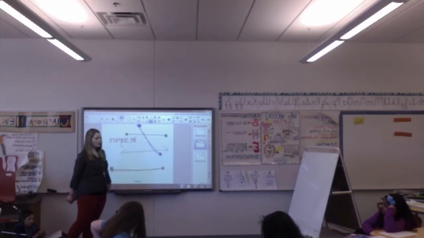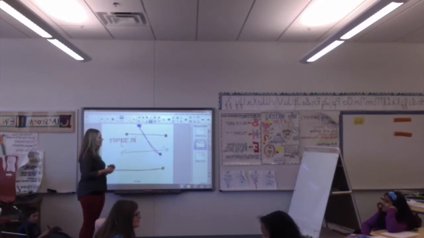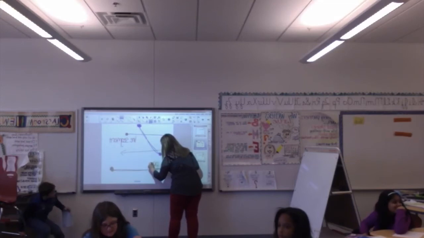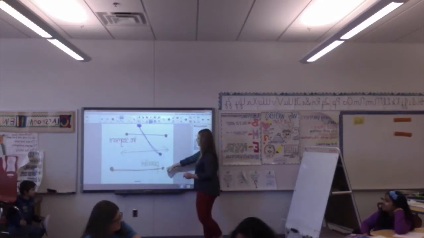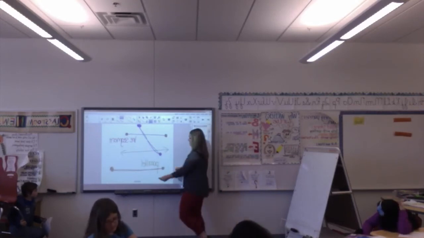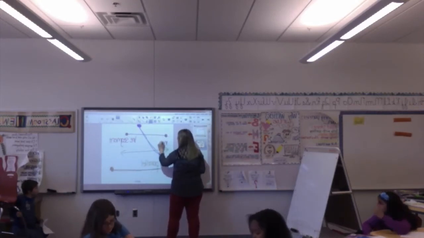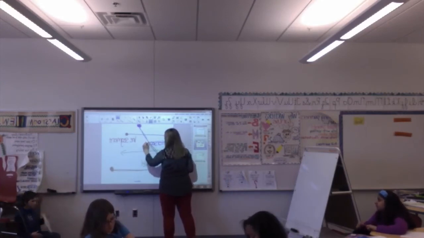It goes up and down. Parallel. So we're going to go over these terms again in the video, but I wanted y'all to make sure you did it yourselves. So we have parallel line, line segment, and our one in blue is an intersecting line.